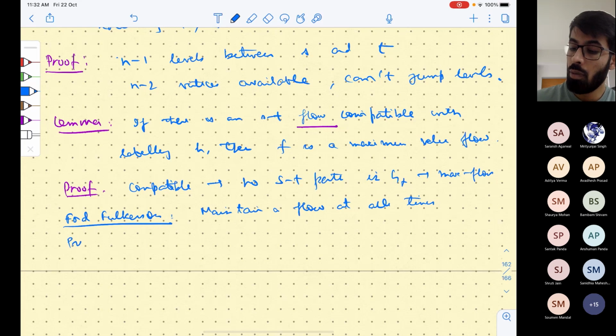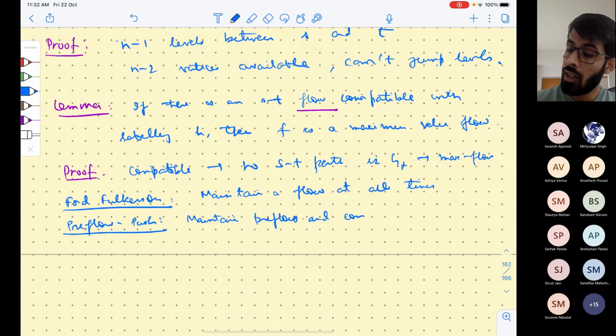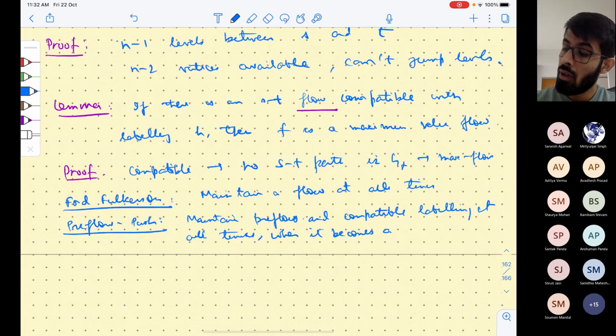And here in preflow push, we maintain a preflow and a compatible labeling at all times, and when it becomes a flow, optimality follows.